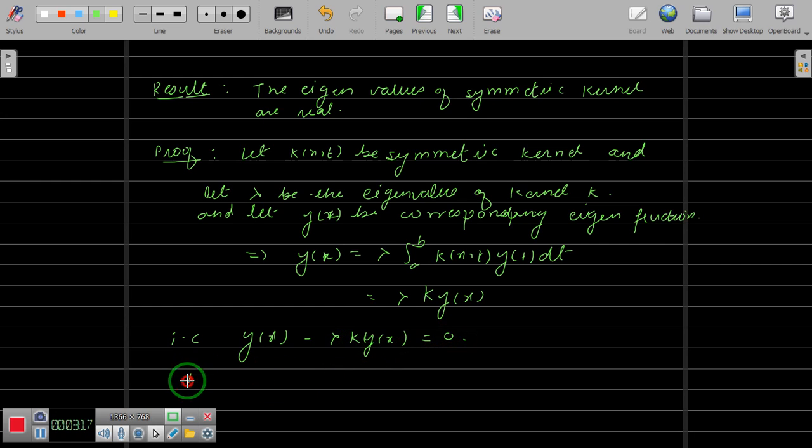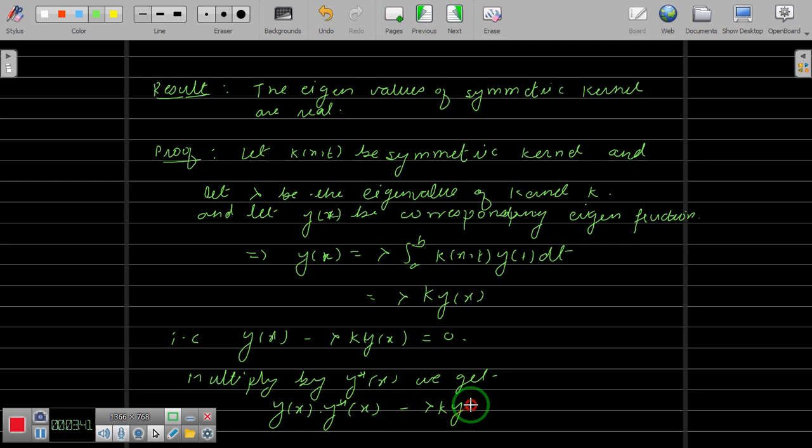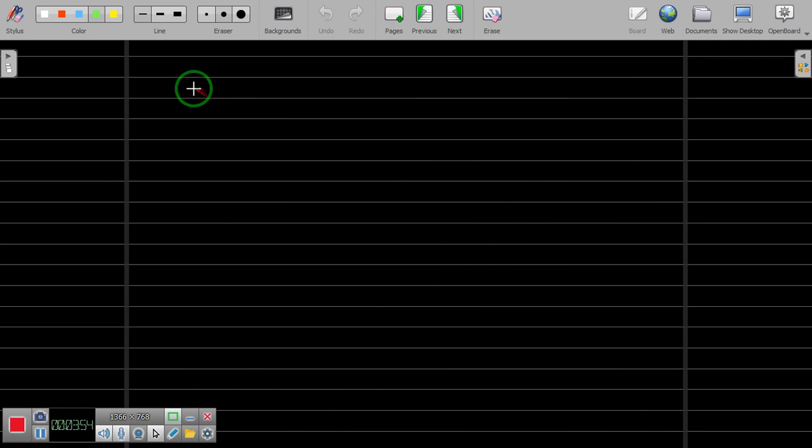Now for this we multiply by y star of x. You multiply this equation by y star of x, it will be y of x into y star of x minus lambda k y of x y star of x equals to 0. And now you integrate from a to b.